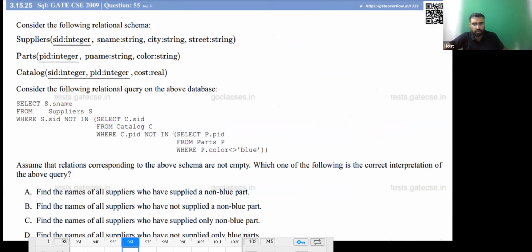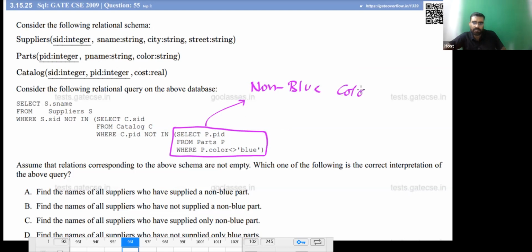First of all, you find out what this is, and you forget about the rest. This is giving me non-blue color parts.